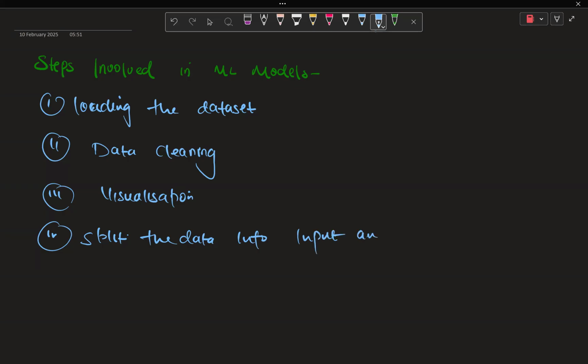Yesterday we talked about it, right? What name have we given to the input columns? X, right? And for output, small y. Very good.